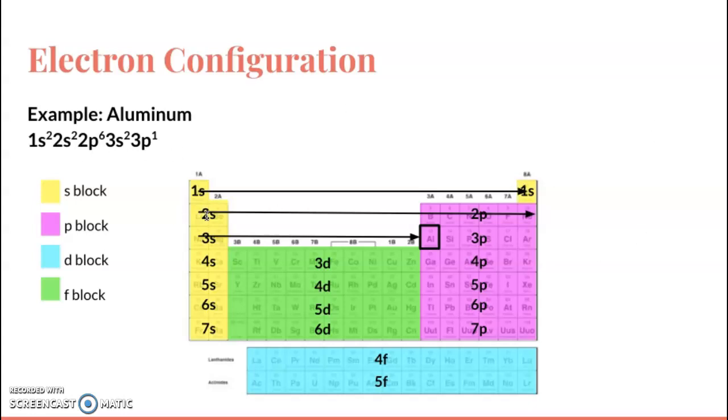The next one I do is a 2s, and I have 2 in 2s, so I put a 2 here. 1, 2, 3, 4, 5, 6 elements in 2p, so I have 2p6. Then I have 3s2, and I end in 3p, and I only filled in 1, so my exponent's going to be 1. So that's how I'm going to do my electron configuration for aluminum.